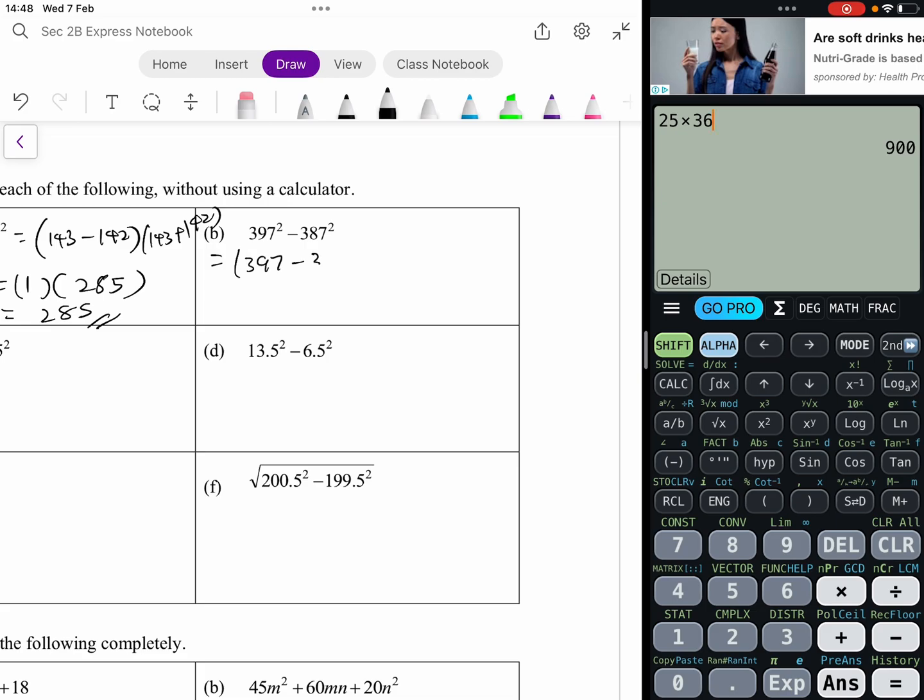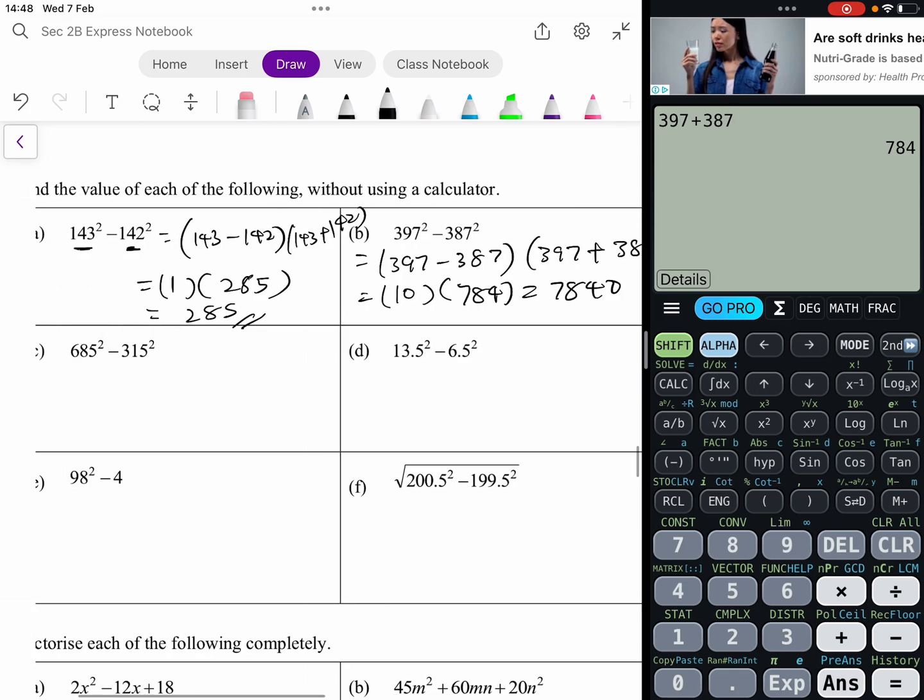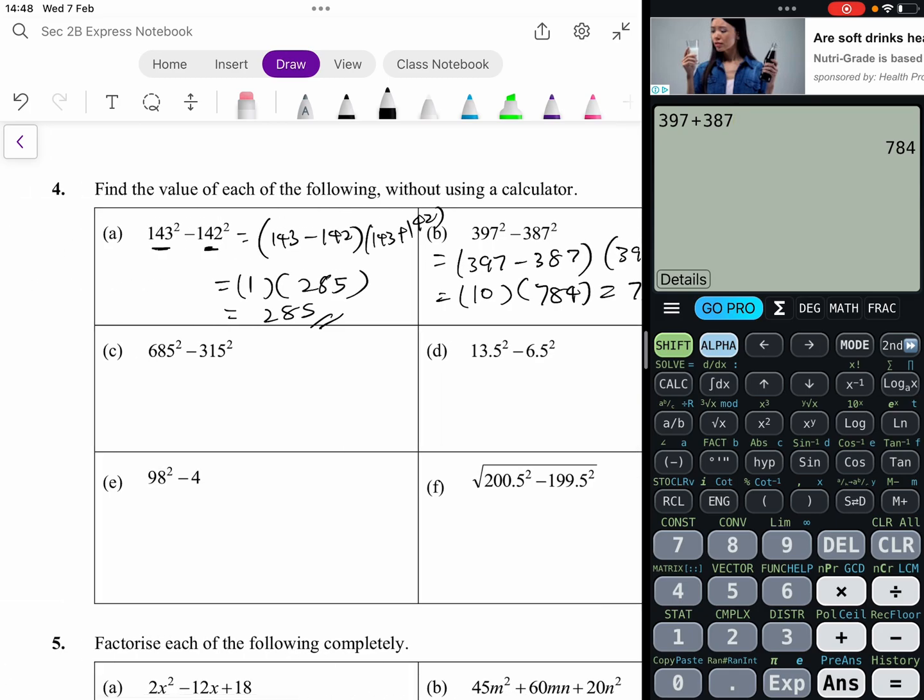397 squared minus 387 squared is (397 minus 387)(397 plus 387). Right, so 397 minus 387 is 10. This one, very quickly, 10 times 784, answer 7840. Okay, after that, this is 685 squared minus 315 squared, which is (685 minus 315)(685 plus 315).